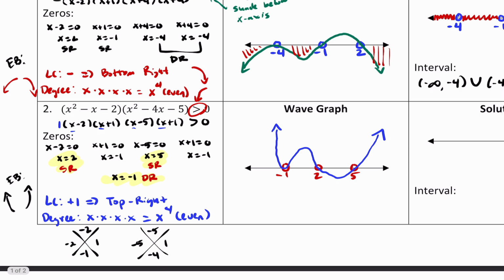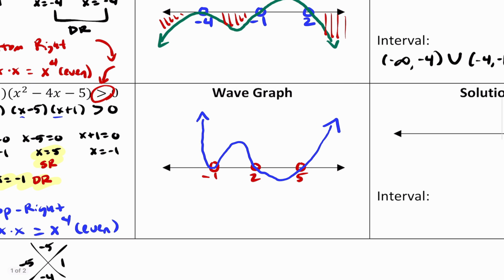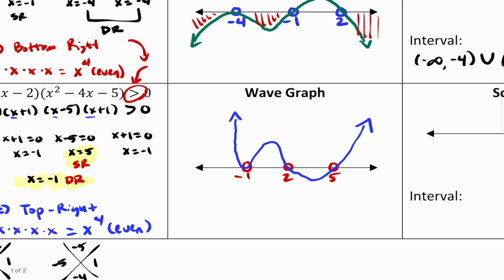So yes, the ends should be facing the same direction. Now what we need to do is shade. So since it's greater than, I need to shade above the x-axis. So it would be right here, right there, and right there as well.